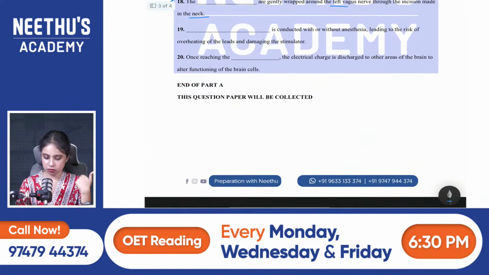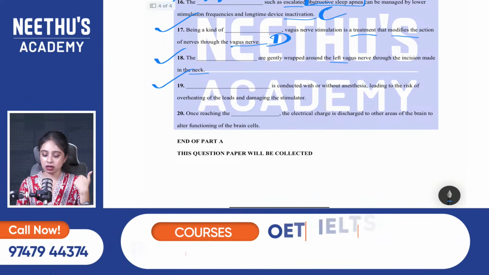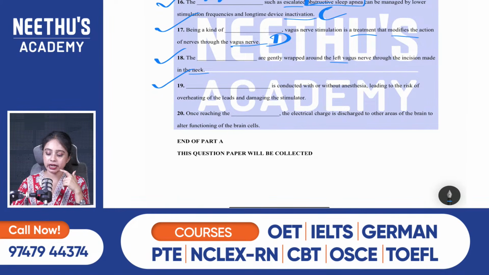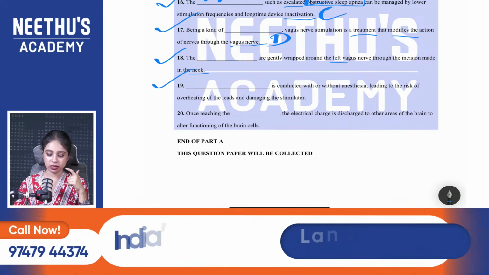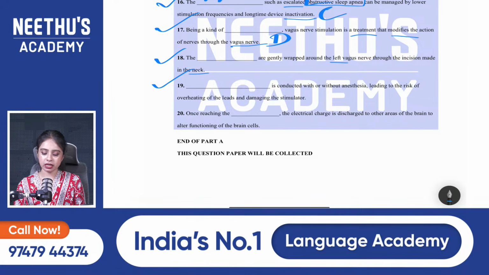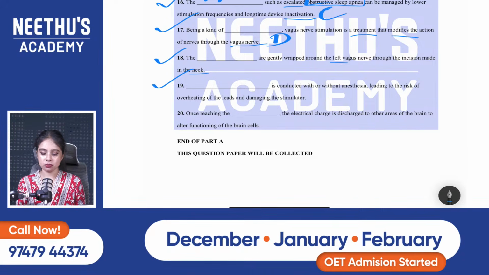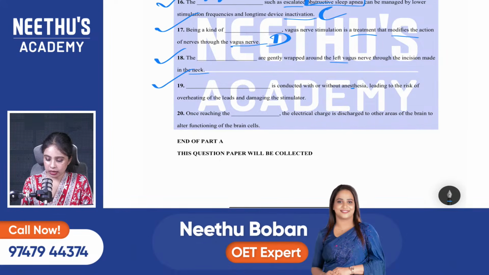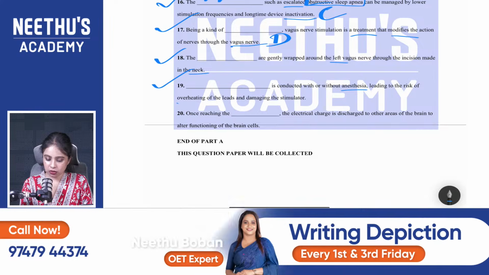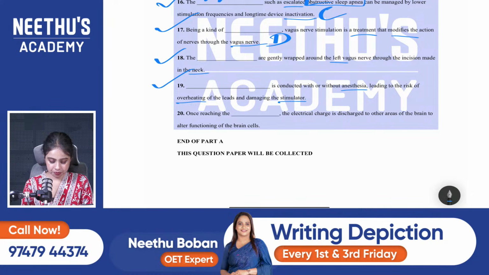Coil electrodes. 19: dash is conducted with or without anesthesia, leading to the risk of overheating. Overheating what? The leads and damaging the stimulator. So my keywords: anesthesia, overheating, stimulator.